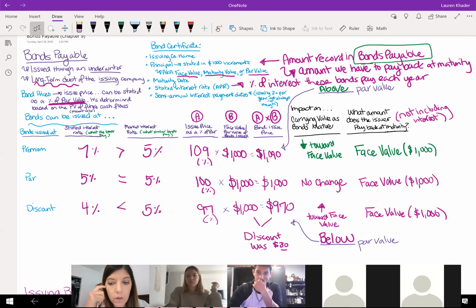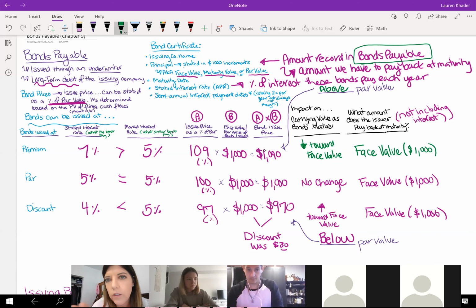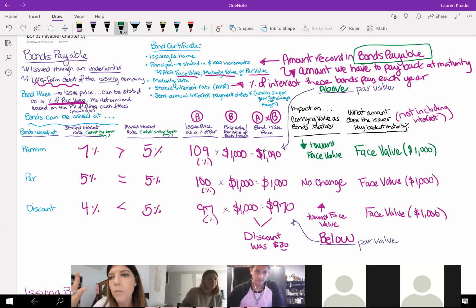So if you invest $1,090, you're only going to get back $1,000. Correct. But you're going to earn a lot more interest over the life of those bonds than any of the other bonds that were currently being offered. And that's why you're willing to pay a little bit more for those bonds. So the advantage of buying a bond is that you're getting the interest, not the initial payment.